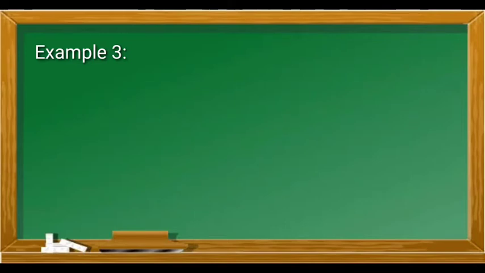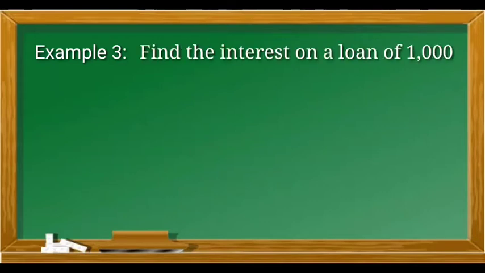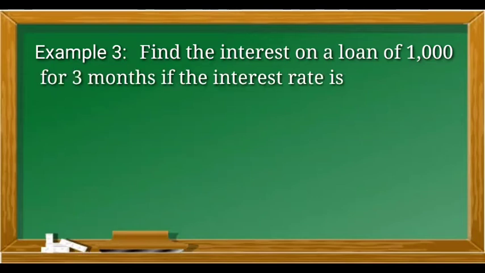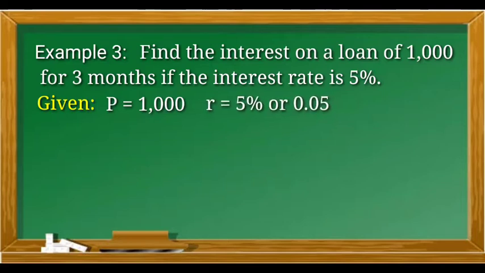What if ang ibinigay na time ay months? For example, find the interest on a loan of 1,000 for 3 months if the interest rate is 5%. Ang given ay P equals 1,000, R equals 5% or 0.05, and T equals 3 months.